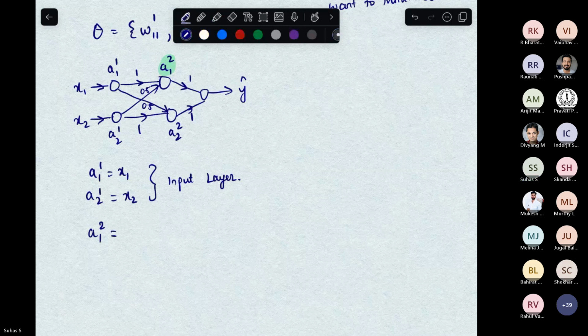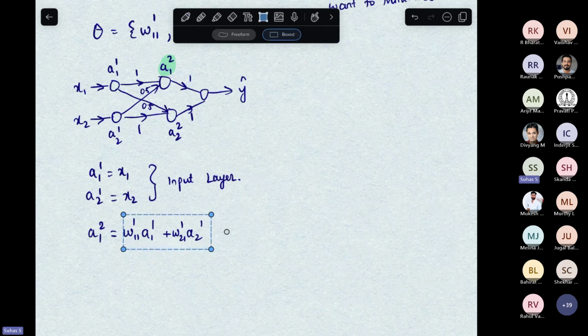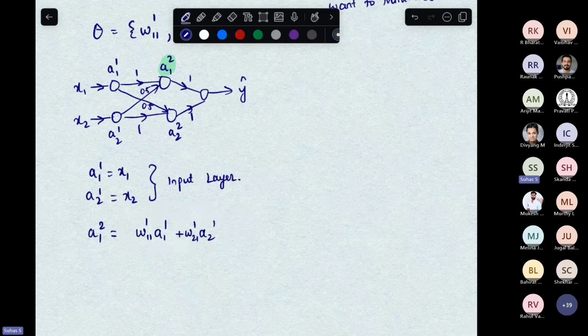A12 equals a weighted sum of A11 and A21, and the weights are exactly what is on the arrows connecting the corresponding nodes, which is W11 of 1 and W21 of 1. But one important thing to notice: it is not just a linear combination, it is some function g of this. This g function is known as an activation function.